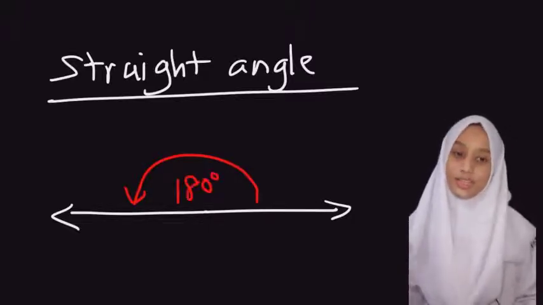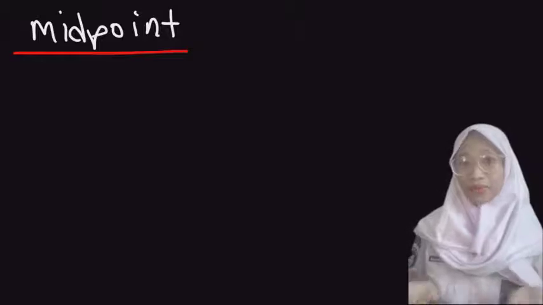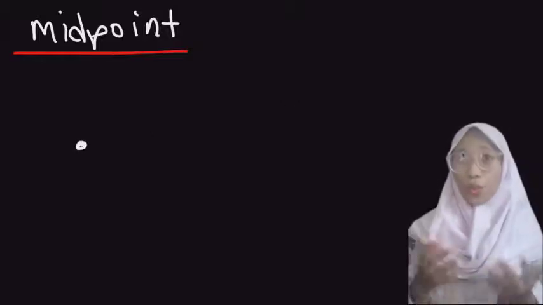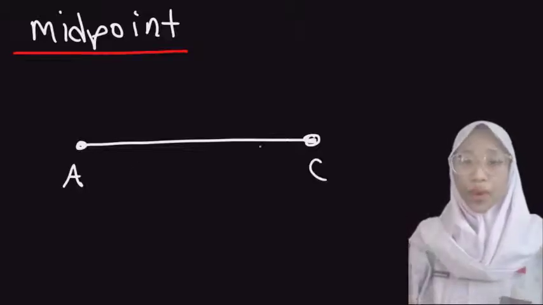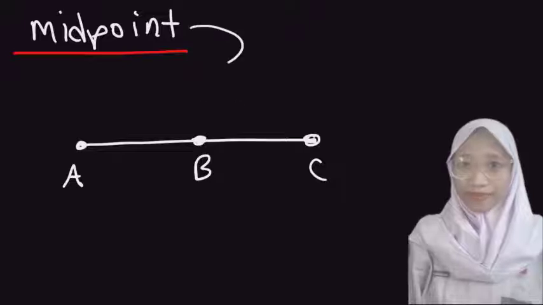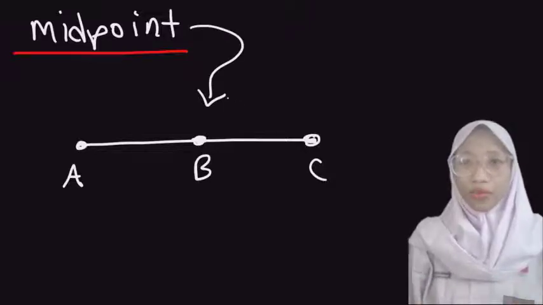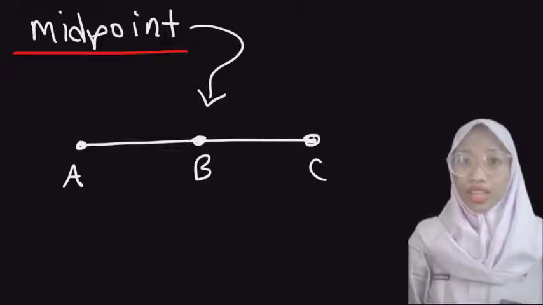Now, let's move on to the midpoint. What is a midpoint? If you look at the word, it sounds like the point in the middle, and you would not be incorrect by saying that. Let's say we have a segment, which we will call segment AC, and let's say B is the midpoint. What does that mean?